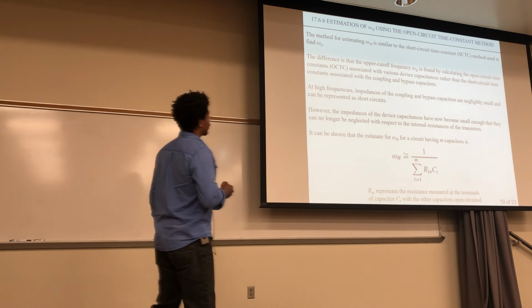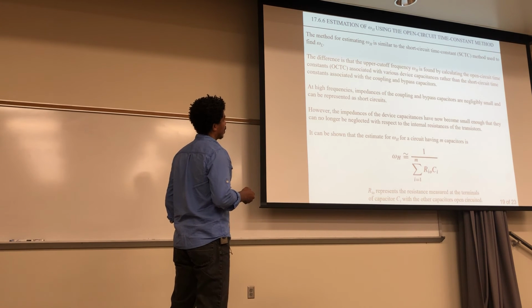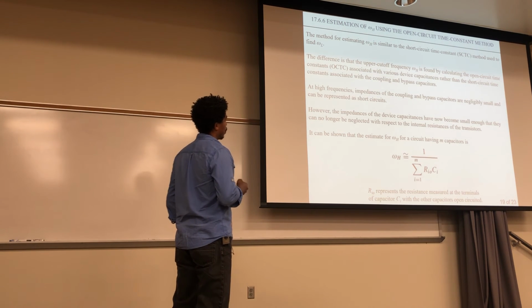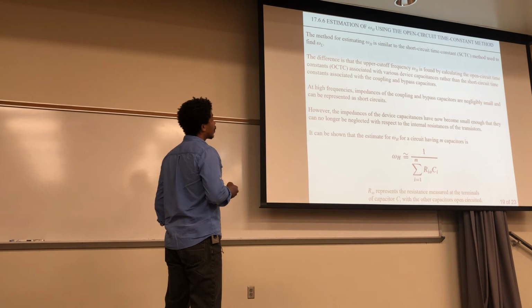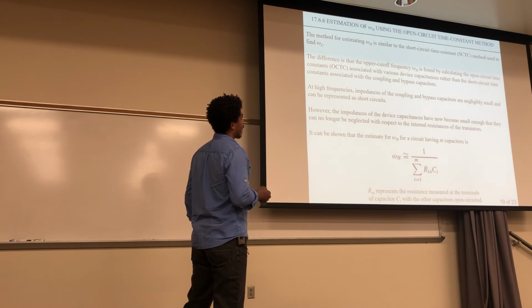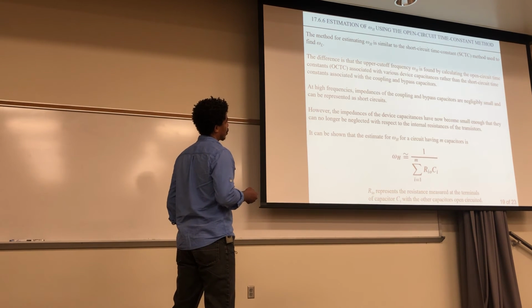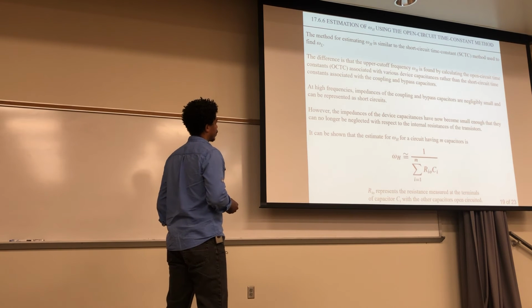So at high frequencies, impedances of the coupling and bypass capacitors are negligibly small, and they can be represented as short circuits. However, the impedances of device capacitances have now become small enough that they can no longer be neglected with respect to the internal resistances of the transistors.